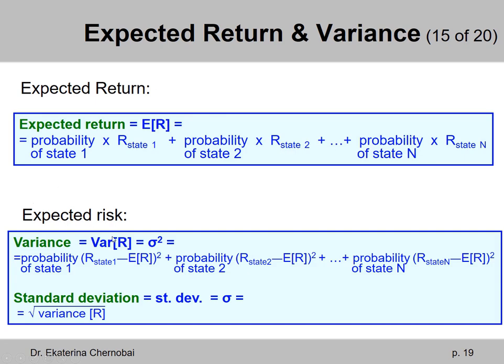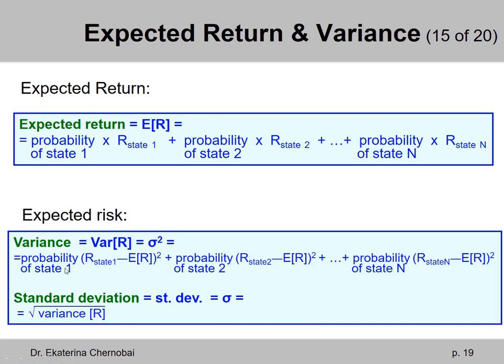The expected risk is the variance, and then the standard deviation, which is the square root of variance. Variance, as always, can be denoted by sigma squared, except in this chapter it would be expected variance of returns.